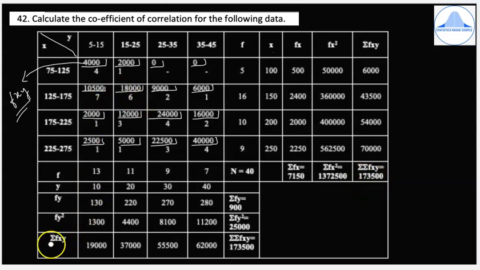Similarly, the last row is summation fxy, so 4000 plus 10,500 plus 2000 plus 2,500 gives 19,000. Similarly, add up the values in the small cells to get 37,000, then 55,500, 62,000, and double summation fxy is 1,73,500. So always note that these two totals should be the same.